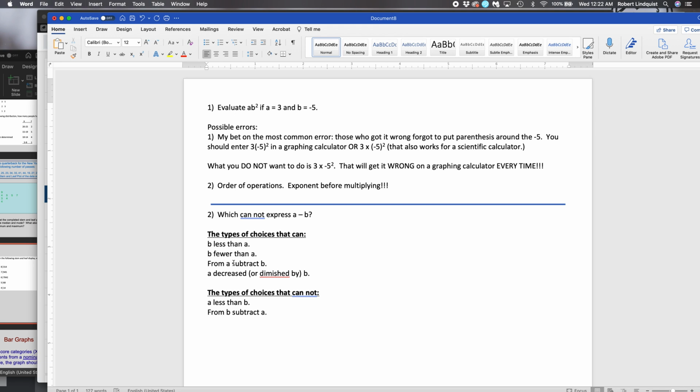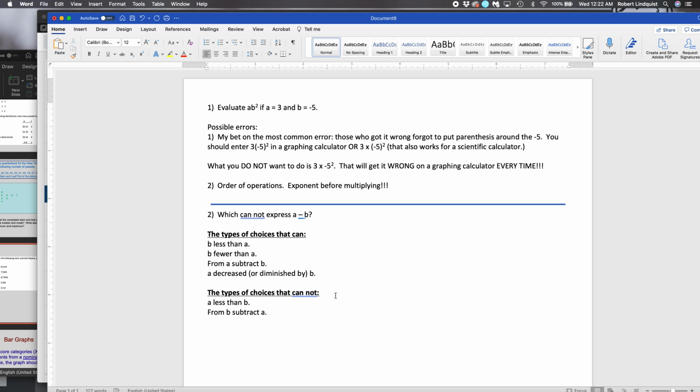Or subtract B from A. I didn't write that one, but that's also there. Or you could have said A decreased or diminished by B. Those are all algebraic terminology that represents A minus B.